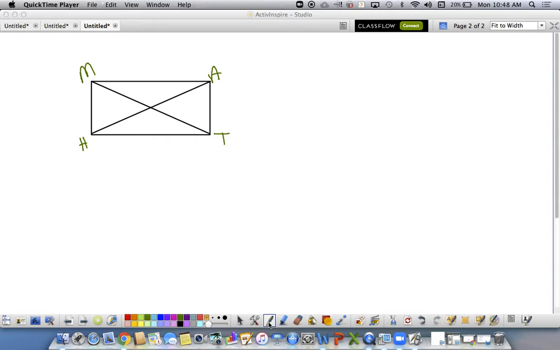Okay, and it tells me that this length right here is 45.5 minus 3n. This side right here is 4n plus 14. This side is 4n plus 14. And this side is 45.5 minus 3n.